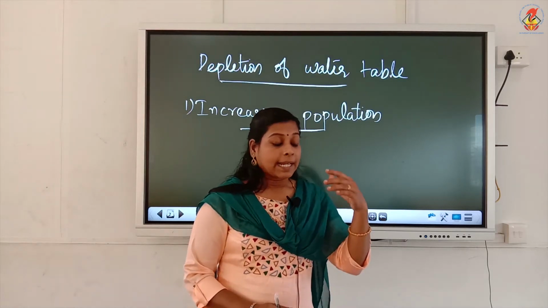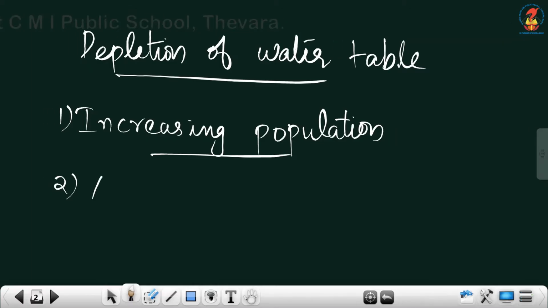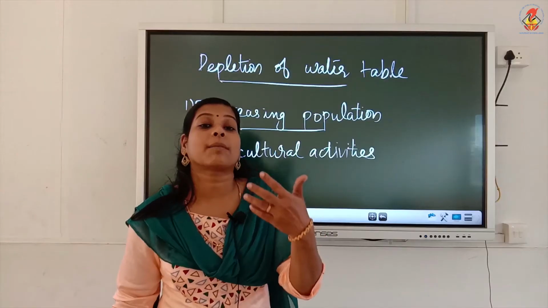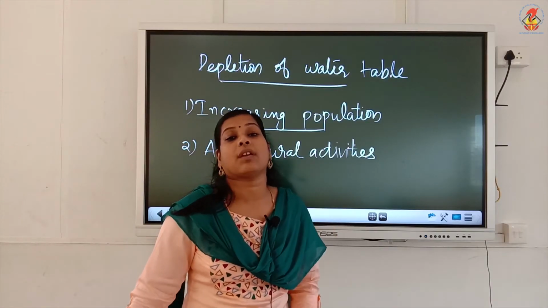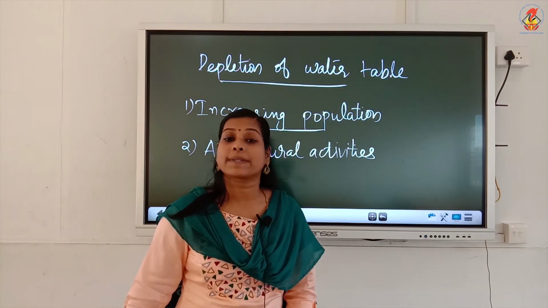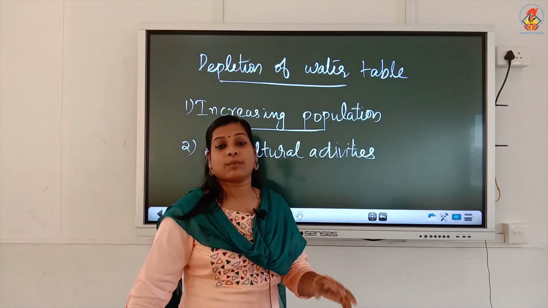Okay. Now, the second factor affecting the depletion of water table is the increased need for agricultural activities. If population is increasing, definitely our requirement for food and clothing also will increase. So, we have to satisfy those increased needs and go with more and more agricultural activities.